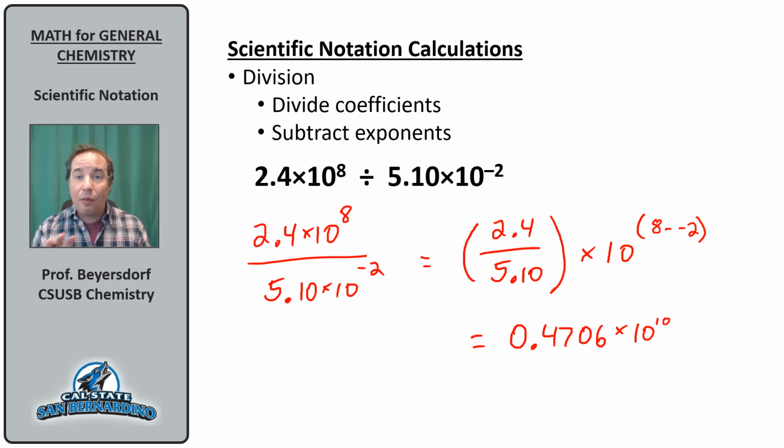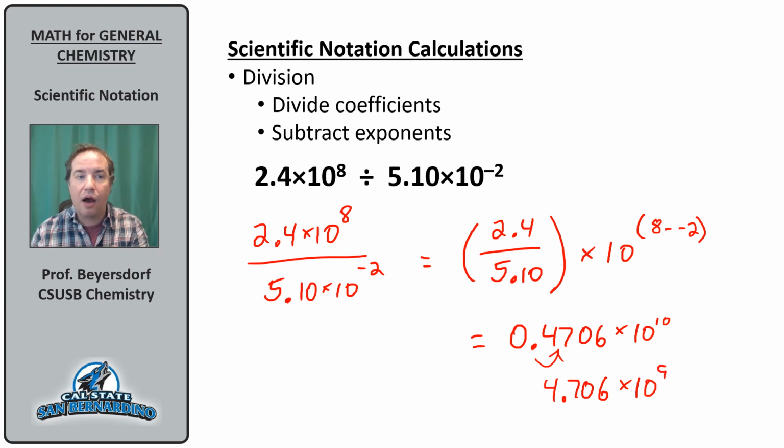All right, now when I look at this, this is in exponential notation. This is the answer. But notice this is improper. Usually we want this number, the coefficient, to be between 1 and 9.99. So what I do is I move this towards the right, and I would get 4.706 times 10 to the 9.